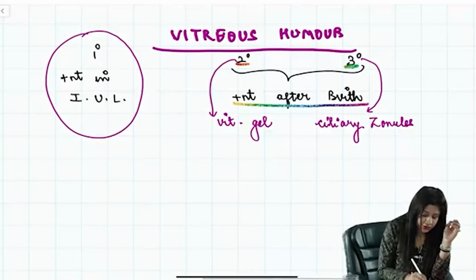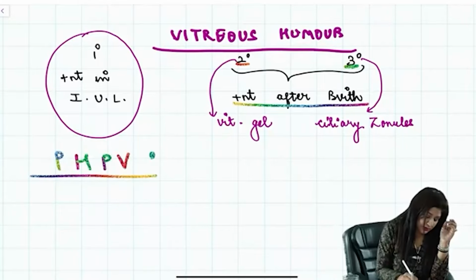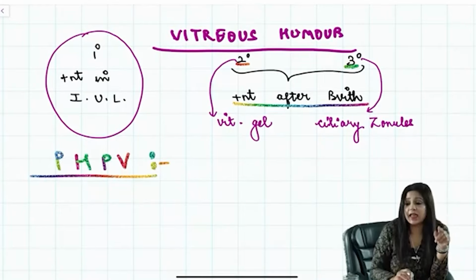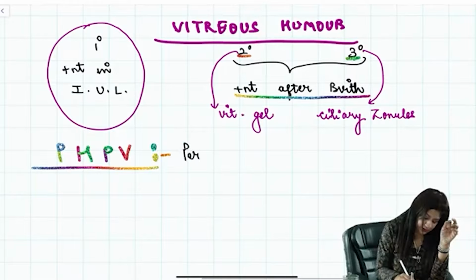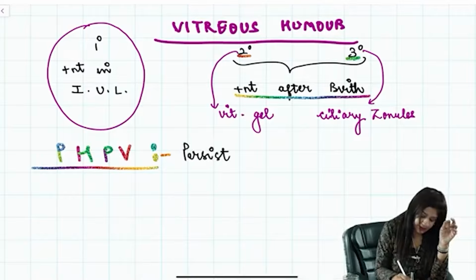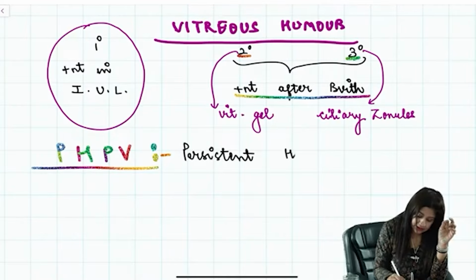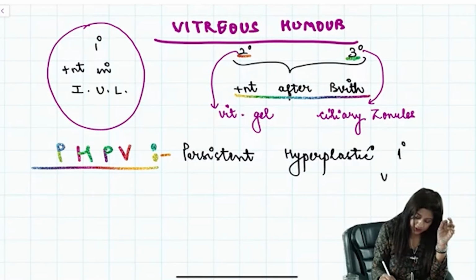So there is a condition called as PHPV, that is persistent hyperplastic primary vitreous.